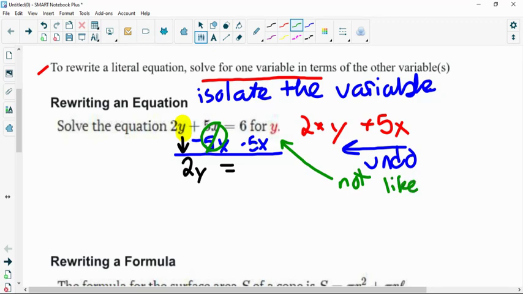And since they are not like terms, we're going to write them side by side, as 6 minus 5x.